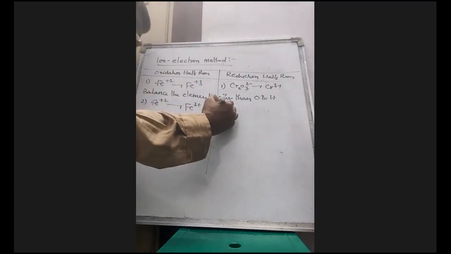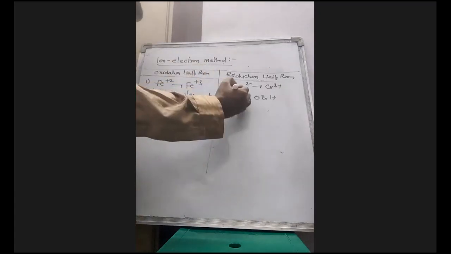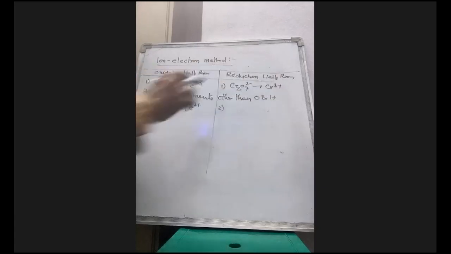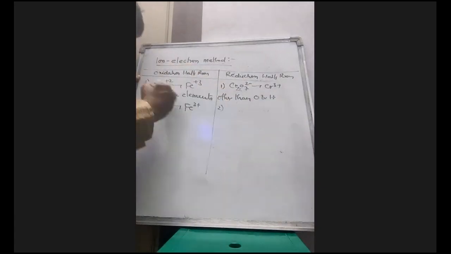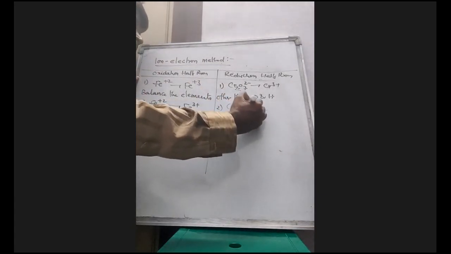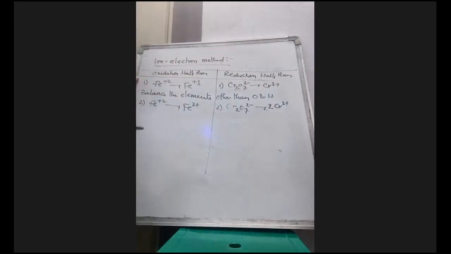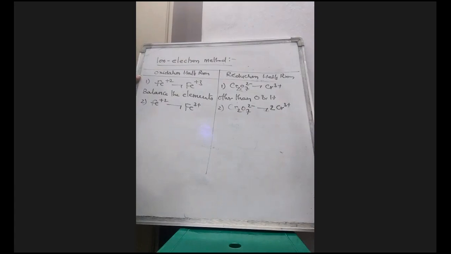But if you observe this reduction reaction, you see there are 2 chromiums here, but on the other side only one chromium. So to balance these elements other than oxygen and hydrogen, you multiply with a suitable coefficient.